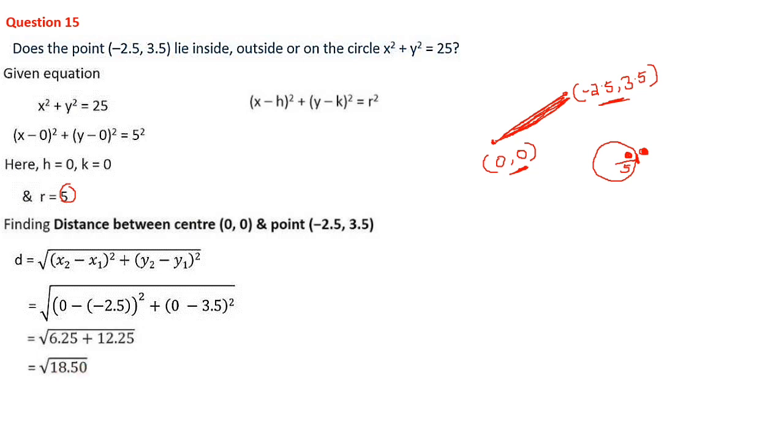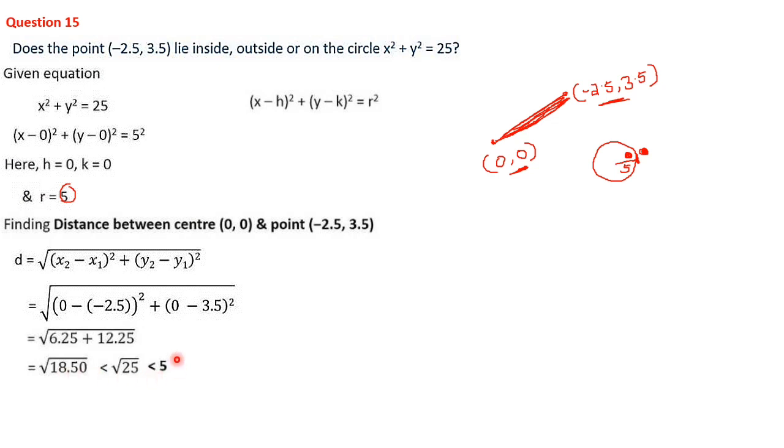Clearly 18.50 is less than 25. If inside the root it is 25, we will get 5. But here inside the root is less than 25. That means the square root will be less than 5. Because of that, our output will clearly be less than 5. You don't need to calculate, just analysis is enough.